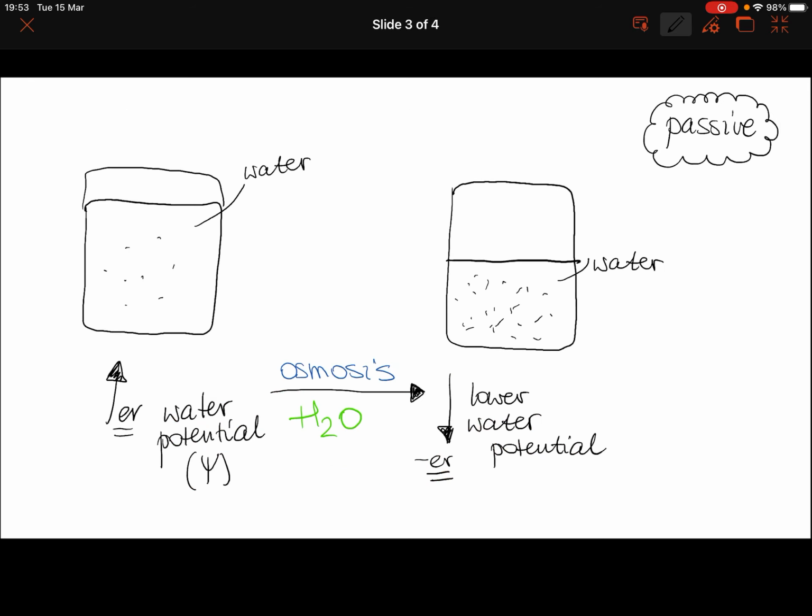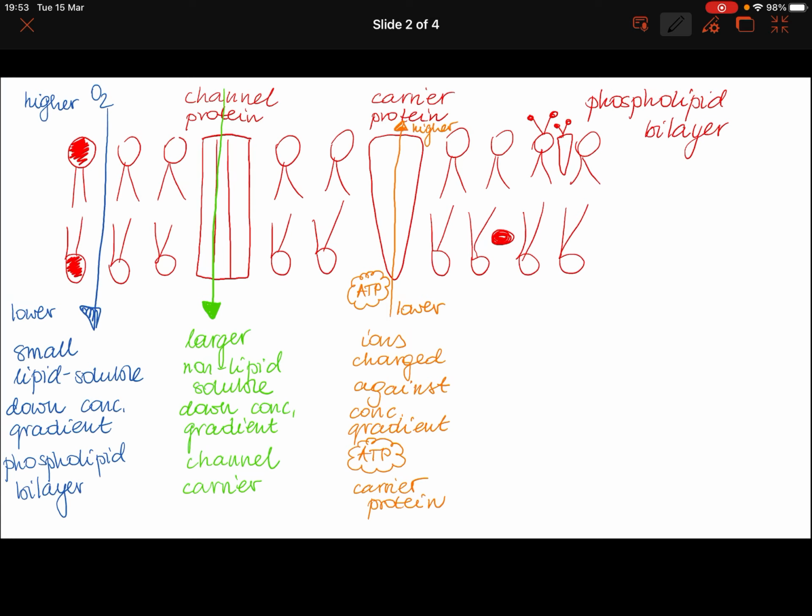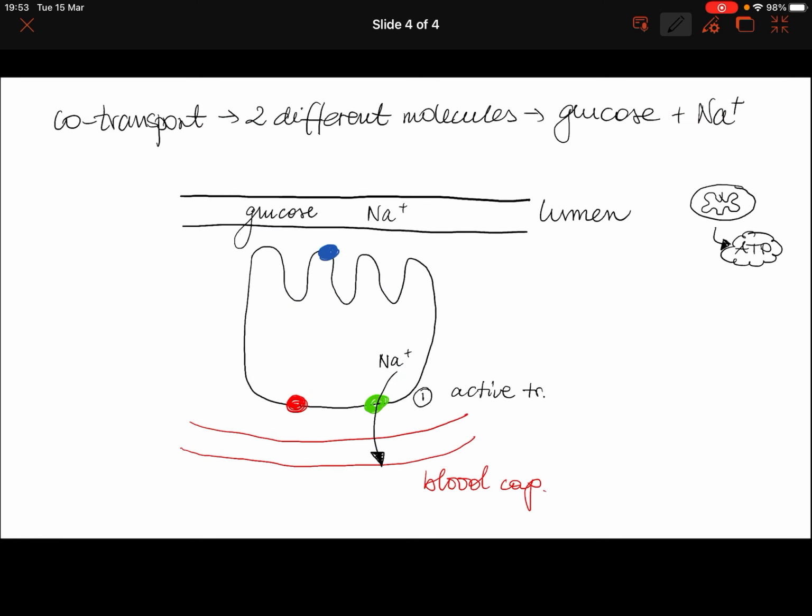We just had a look at the active transport a second ago, so you should remember the active transport, it's happening against concentration gradient, requires ATP and carrier proteins. So we can check if we've got all that in place in here now for co-transport. Yes, the green one, we've got the carrier protein.